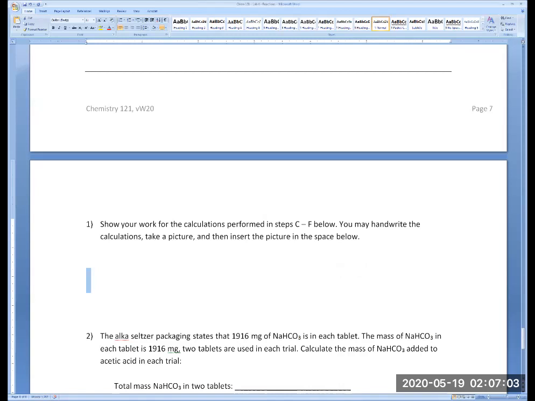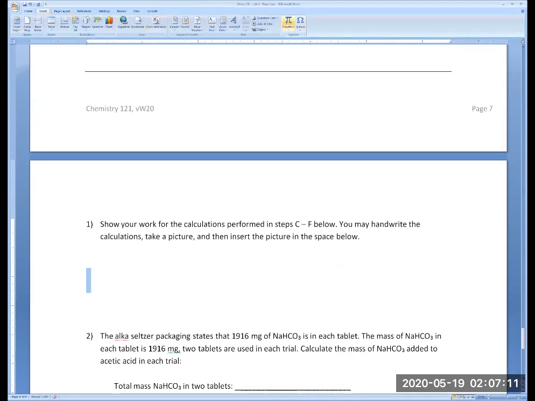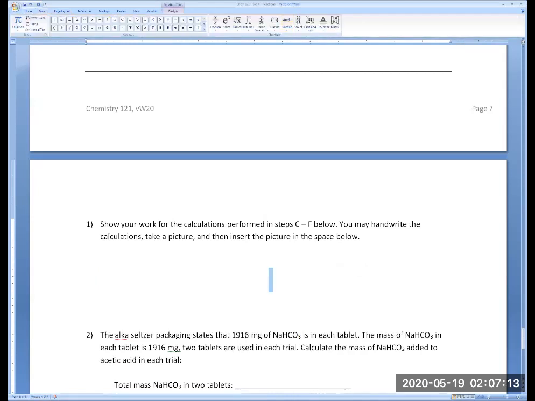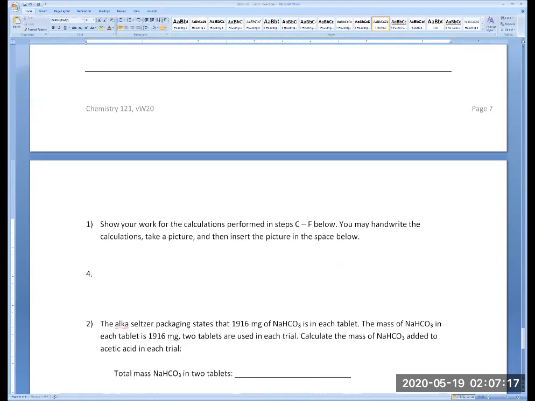So for those of you who are able to, if your computer allows it, you can do like me and insert an equation here, right? Let's say 4.5 grams of CO2.